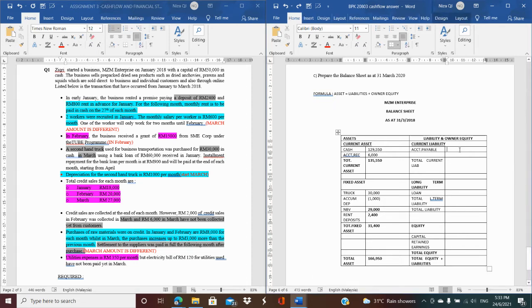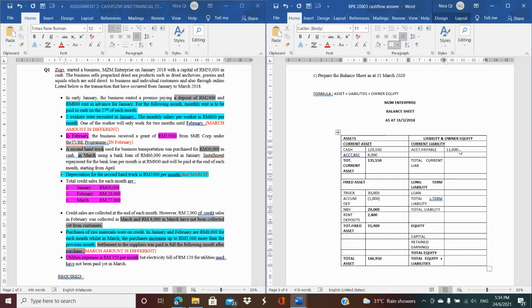So you still owe 11,000. It's not been paid yet, because the policy is that you pay it in the future. So that is for the current liability. You're going to pay it within that year, the next month. So it's a current liability. So the amount is 11,000.